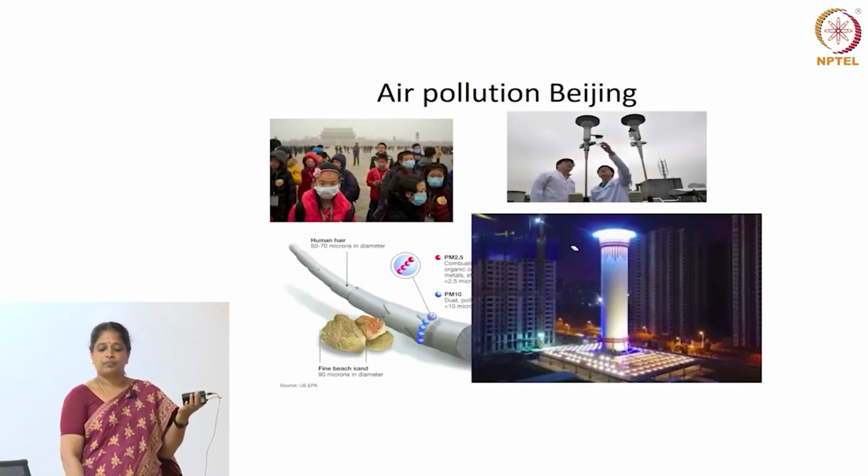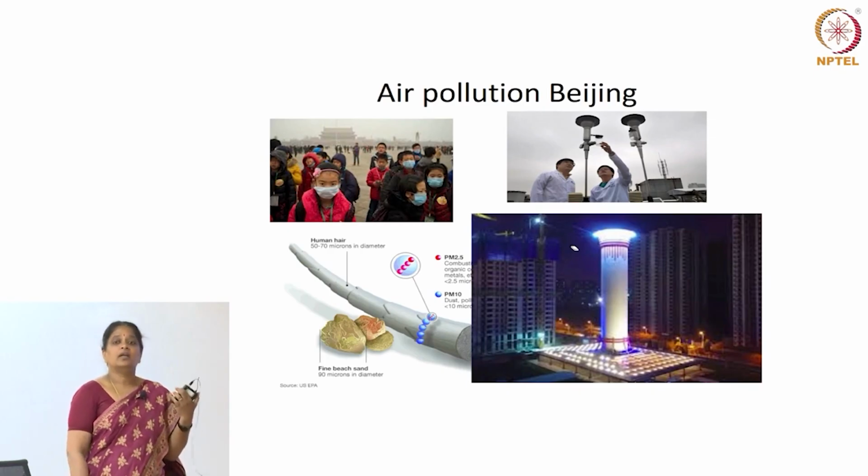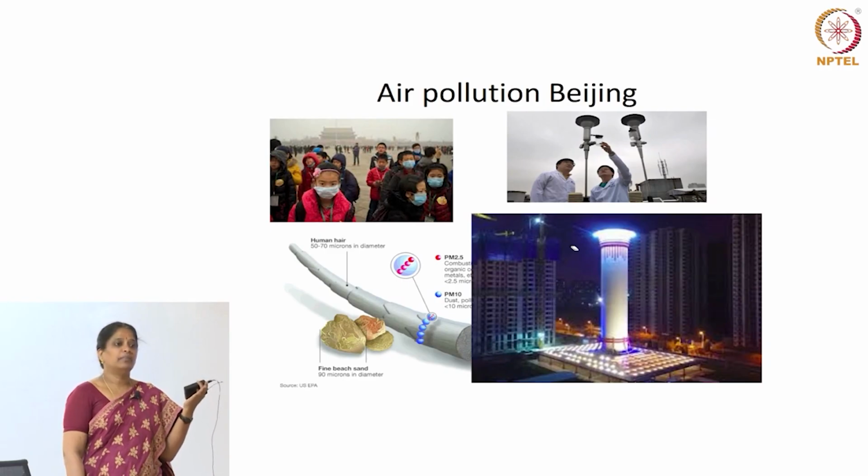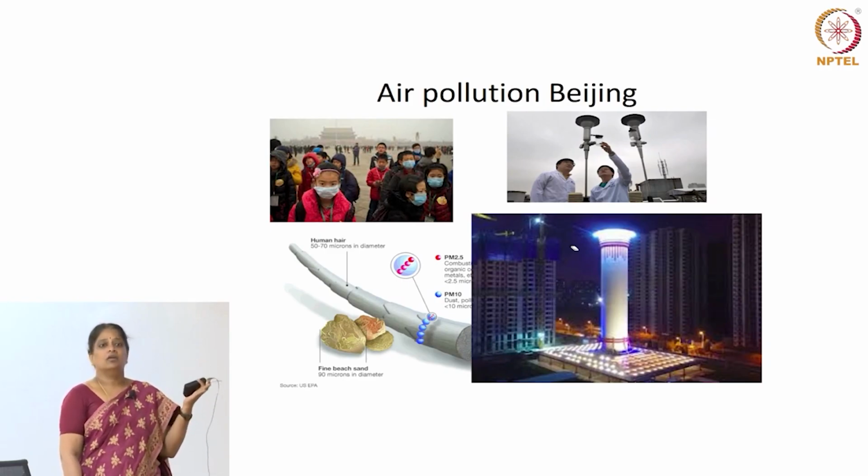So air pollution, we know. I do not know how many of you know, when the Olympics happened in Beijing, 6 months or 8 months before the Olympics, they were going to cancel the Olympics. Do you know that?